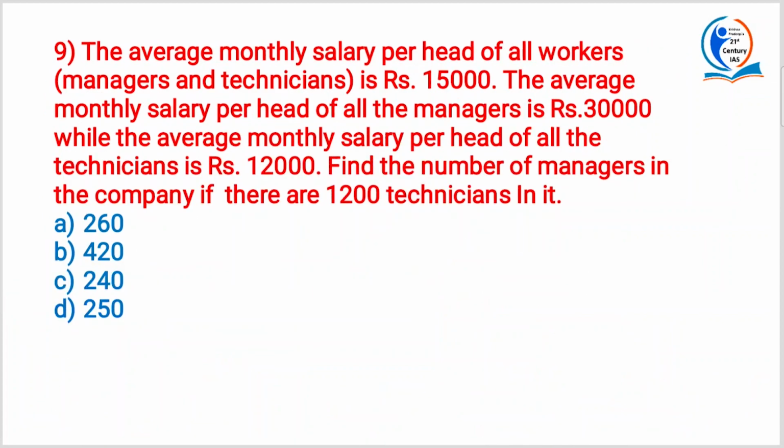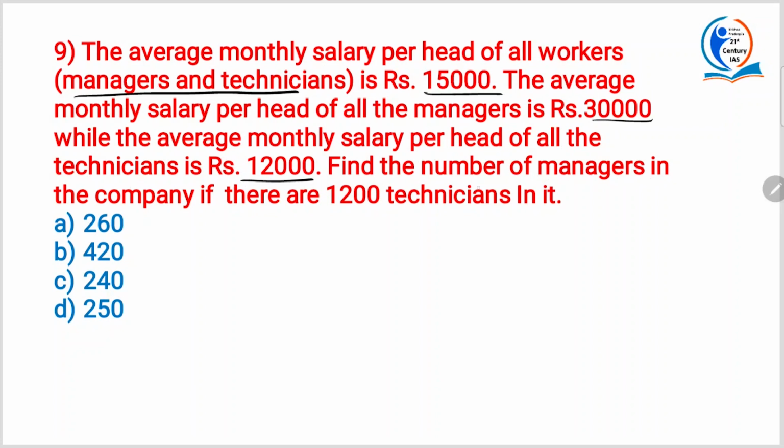Alright. Now, the average monthly salary per head of all the workers, that is managers and technicians, is rupees 15,000. The average monthly salary per head of all the managers is 30,000, while the average monthly salary per head of all the technicians is 12,000.